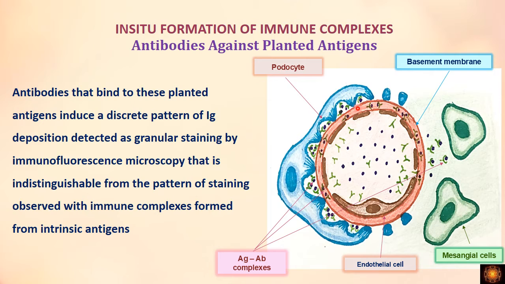So we can have the subepithelial antigen antibody complexes, or we can have them in the basement membrane, or in the mesangium also. Now when they are present in the subepithelial membrane, when we see it in the immunofluorescence, it has the same pattern as we have seen in the phospholipase A2 receptor antigen. So we cannot differentiate this one by using the immunofluorescence staining.